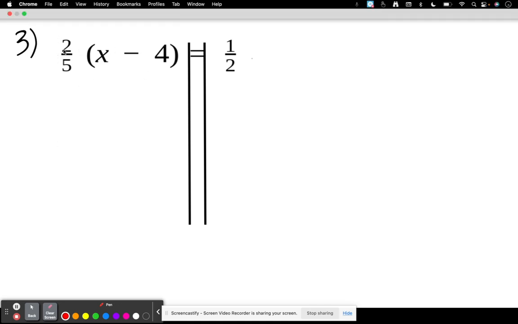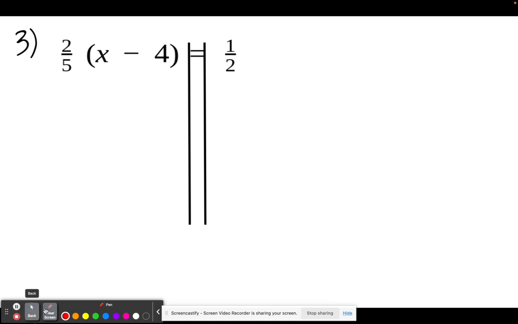Should we try that? 2/5 times x is 2/5 x. 2/5 times 4 over 1 is 8/5. Now I have to add 8/5 to both sides.